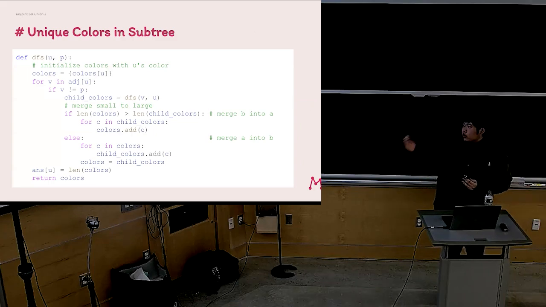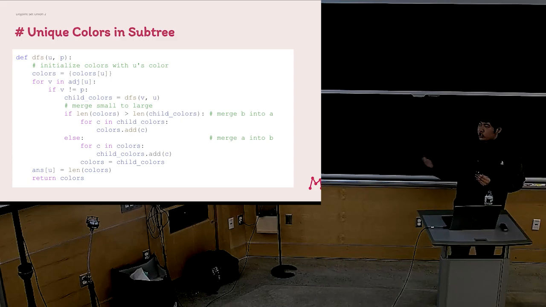Yeah, and then here's a piece of pseudocode demonstrating what we want. There might be a little bit of errors because I'm not the most familiar with Python, but the general idea is you start by initializing colors to be a set only consisting of the color of U. Then whenever we process each of the children, we first determine the list of colors within that child subtree.